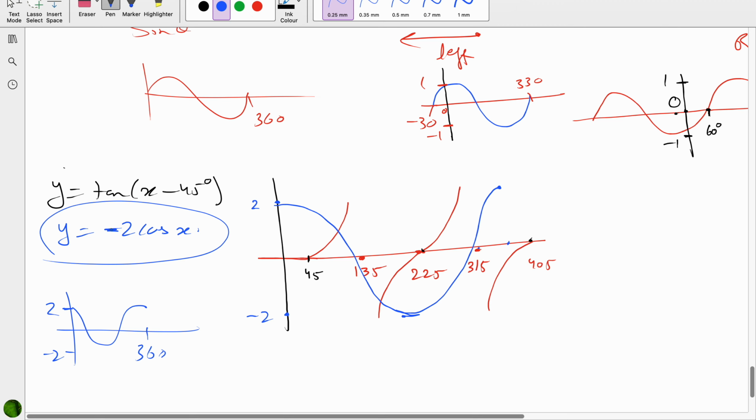This is negative 2, so it should be a reflection in x-axis. So these are the two graphs on same axis. Clear?